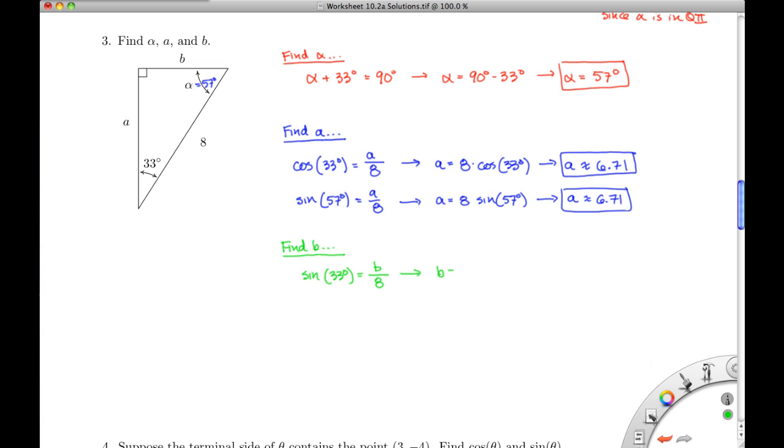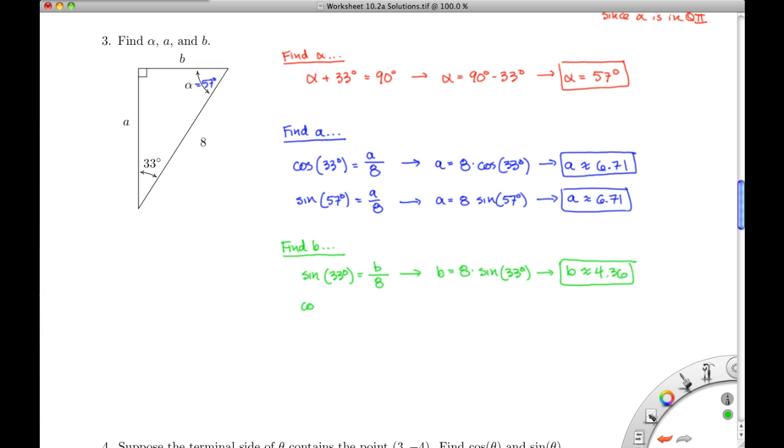So B is going to be equal to 8 times the sine of 33 degrees, which if we type this into our calculator, we'll get B is approximately 4.36 units in length.